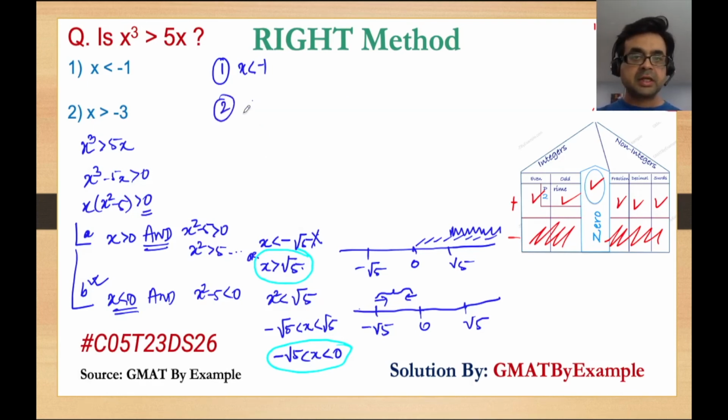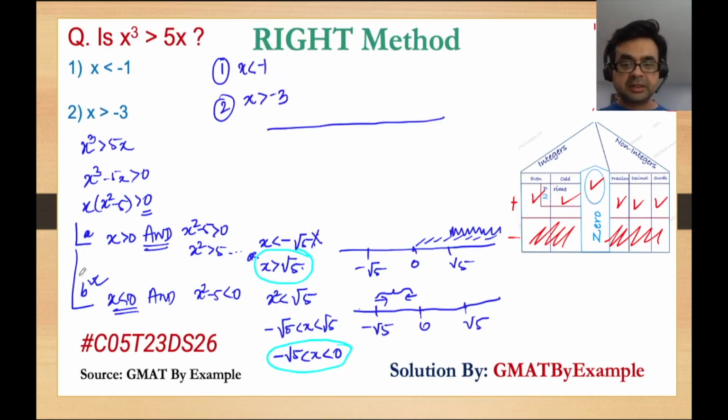Okay, now let's take x is greater than minus 3 as the second statement. I realize that this is pathway B where x is less than 0, and I draw it out again. So this would be my minus root 5. Somewhere here would be my minus 3, because this is minus 2 point something. And what I have been given is that between these two quantities, minus root 5 and 0, I get a yes to the asked question.